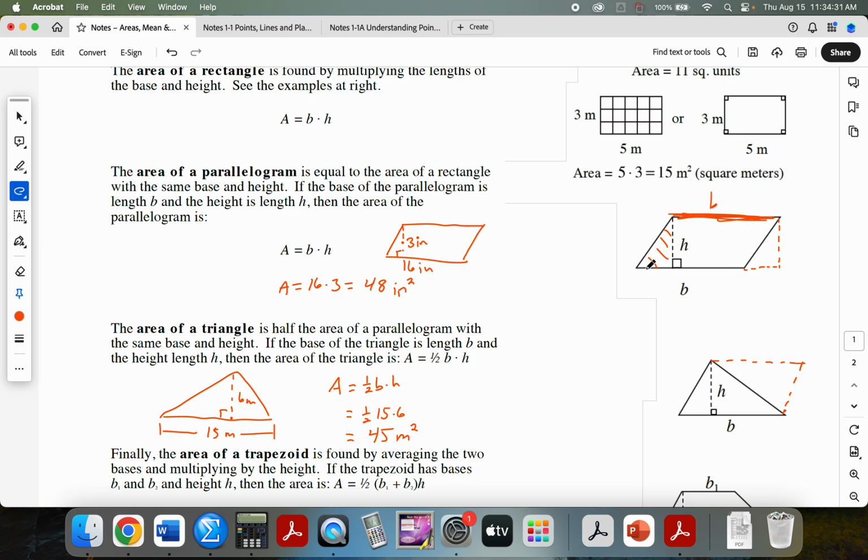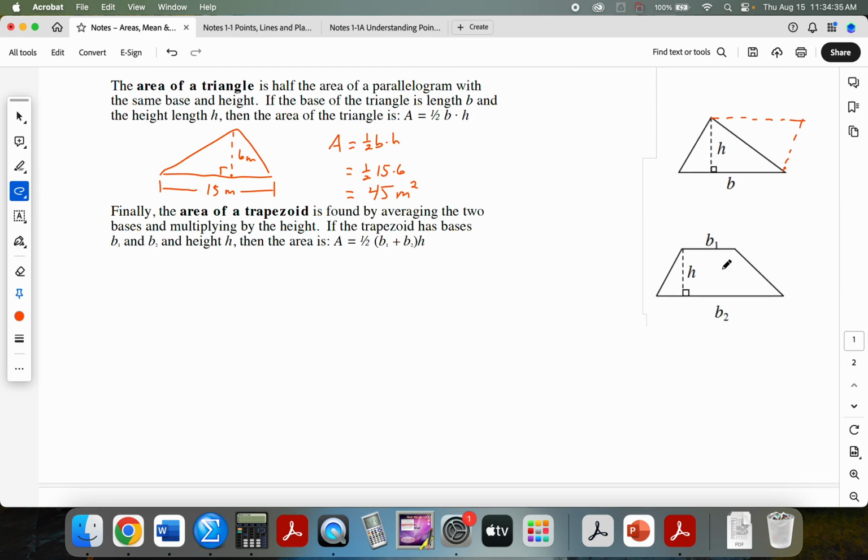Same as the other one, right? But here I've got 2 different bases. So basically what we say is, all right, one of them's too big, one of them's too small, I'm going to average them together. So it's half of base 1 plus base 2 times the height. So let's do an example of this.